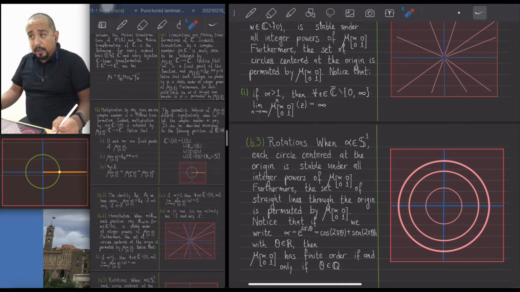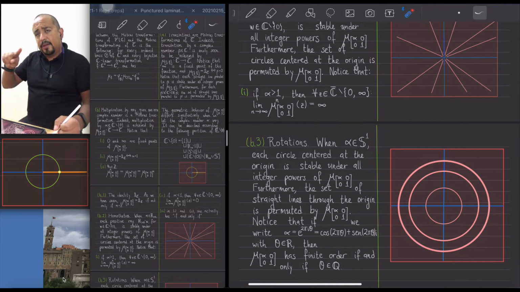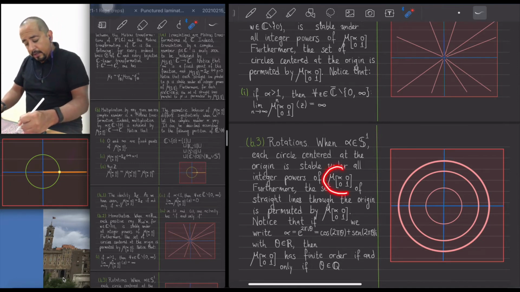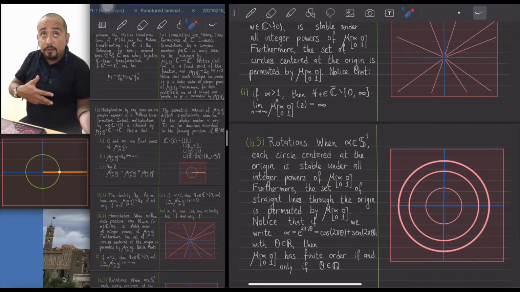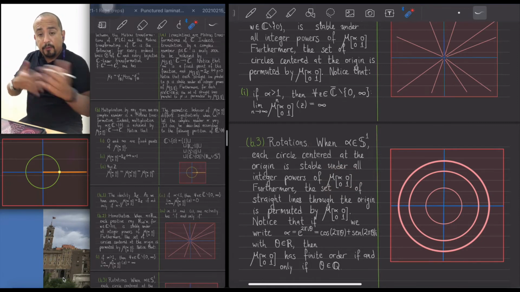This makes it immediately clear that every circle centered at the origin is stable under the action of the subgroup generated by the Möbius transformation. Subgroup of which group? Of the group of self-homeomorphisms of C bar.